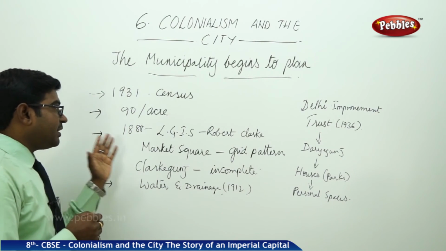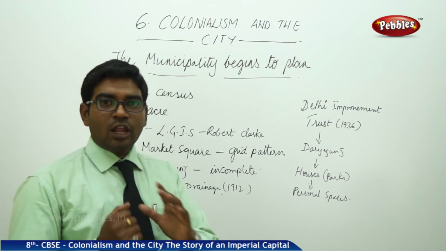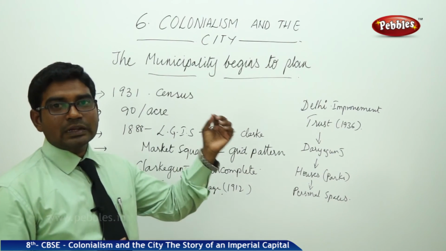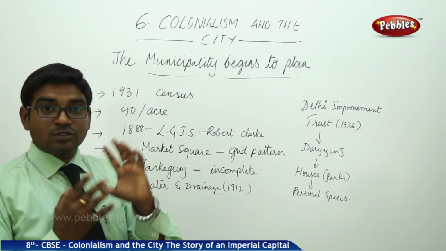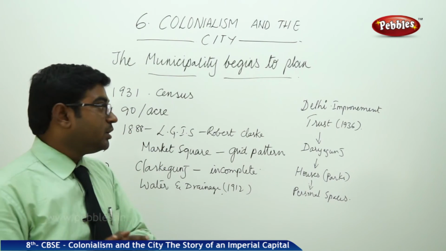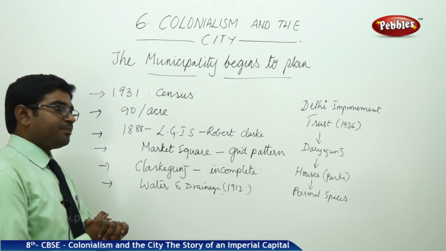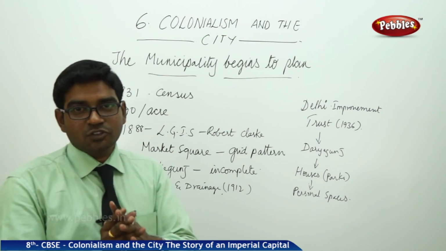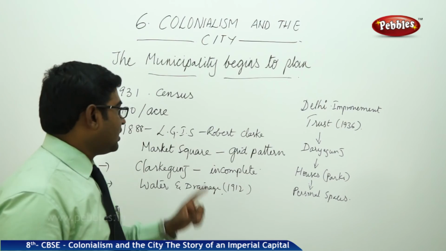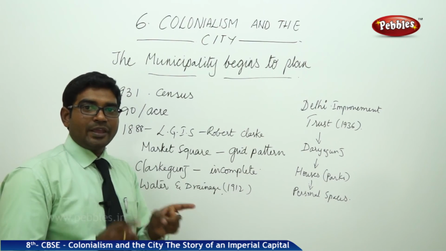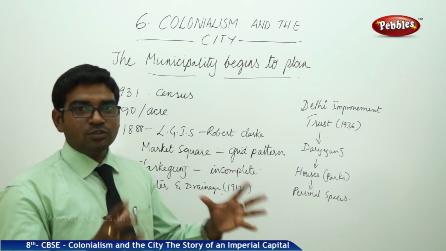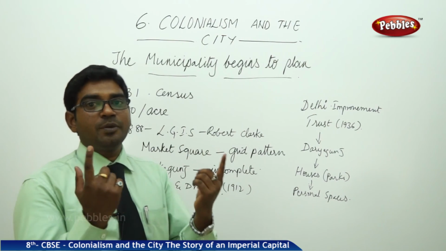And in 1888, the Lahore Gate Improvement Scheme, which Robert Clark proposed, was very advantageous to the old Delhi people. He actually wanted to bring out all the old Delhi population and shift them to the market square, where a perfect grid pattern of houses and shops would be built.